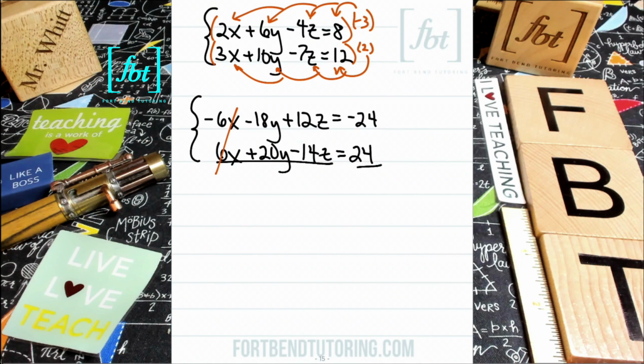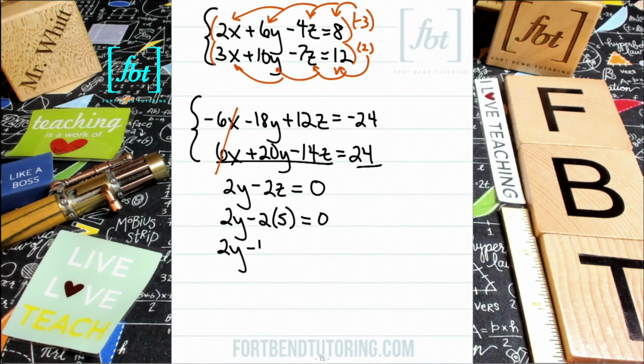Combining our terms, you'll have 2y minus 2z equals 0. And don't forget that we already know that z equals 5. So the next step then is to plug in 5 for z and solve for y. So I'll have 2y minus 2 times 5 equals 0. You'll bring down the 2y minus 10, that equals 0 still.